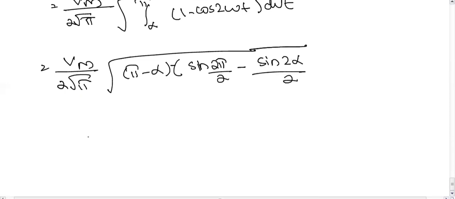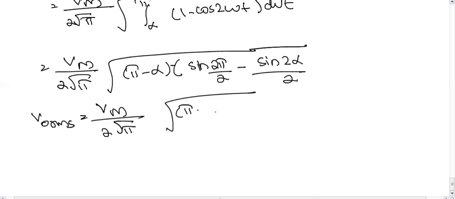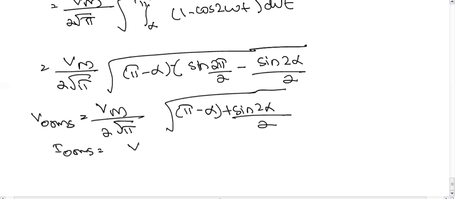So the final answer will be V output RMS equal to Vm by 2 root pi into root of (pi minus alpha plus sine 2 alpha by 2). Sine pi means 0. So this is V output RMS, and I output RMS will be just that divided by R.